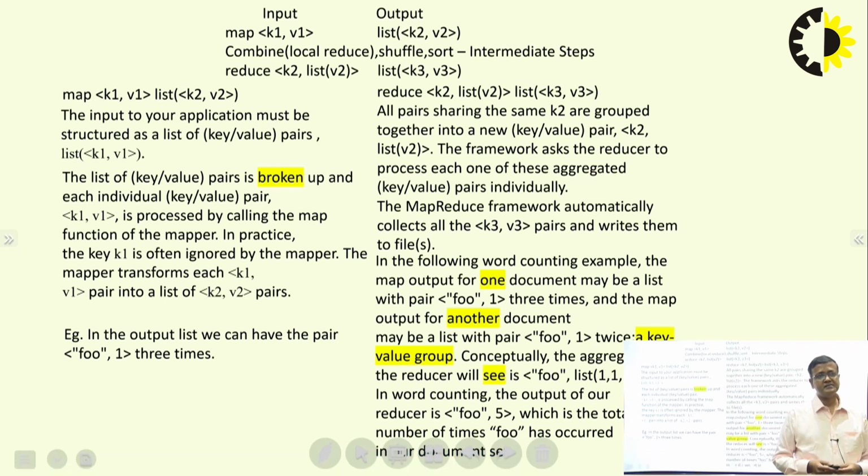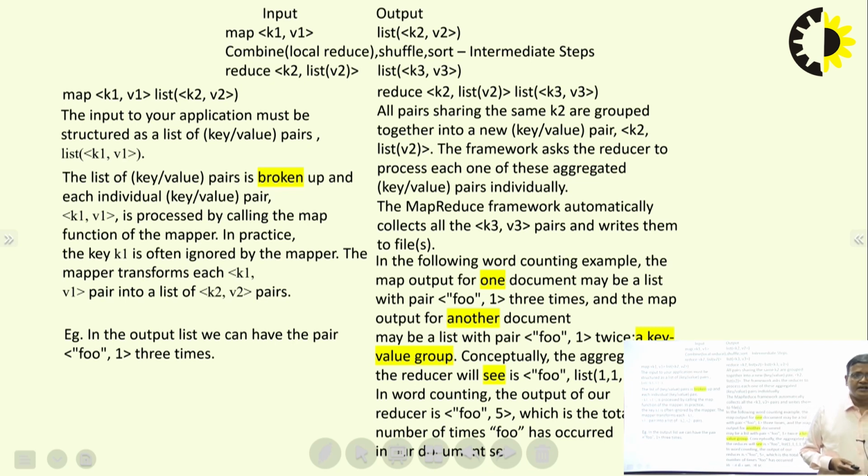All pairs sharing the same K2 are grouped together into a new key value pair, K2 comma list V2, and the framework asks the reducer to process each one of these aggregated key value pairs individually. The MapReduce framework automatically collects all the K3, V3 pairs and writes them to file.